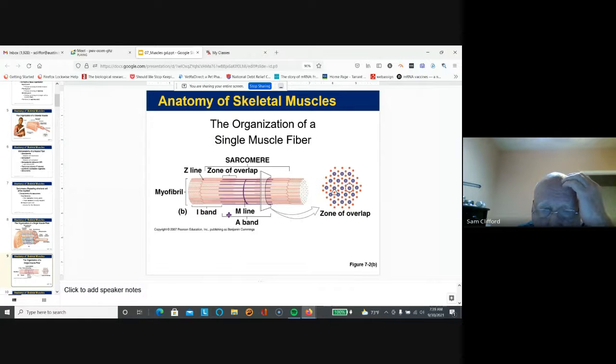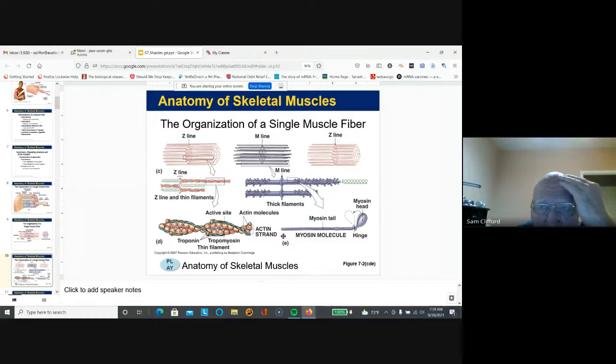The I band is on either side of the Z line where the actin filaments are connected. We have a sarcomere from Z line to Z line. This is the repeating unit of a muscle fiber. It's where the contraction process takes place.